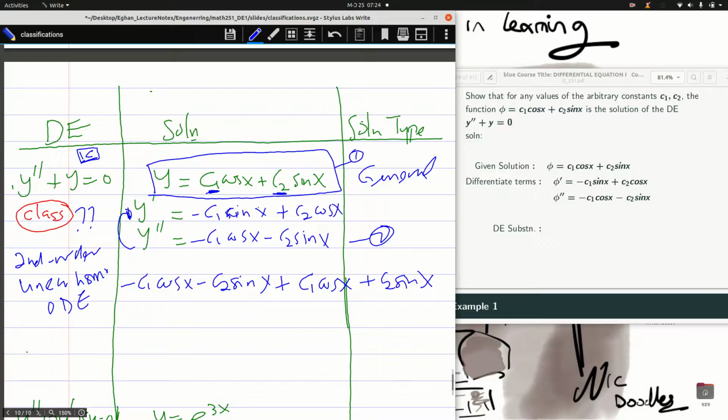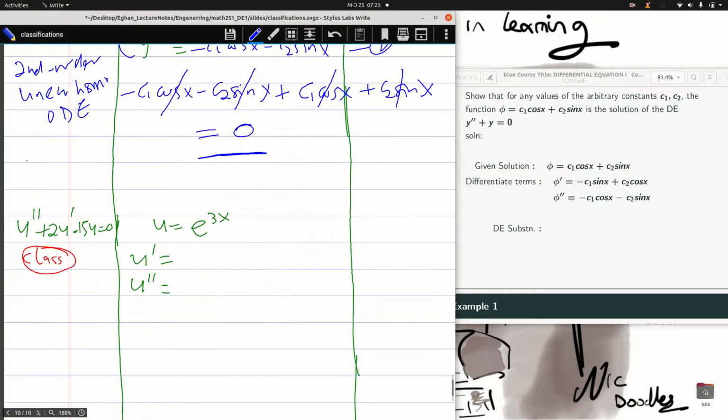So let's group like terms and see what we can do. You realize that this and this cancel out, and this also cancels out, which is equal to 0 as we expect. The equation is equal to 0, hence it is a solution to the differential equation. So that's it. Hence it is indeed a solution to the differential equation.